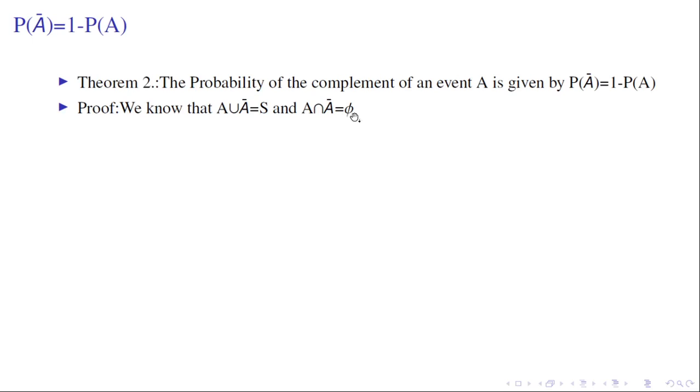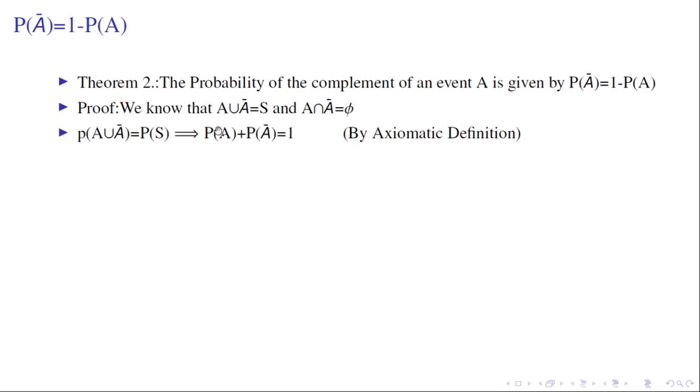Taking probability on both sides, probability of A union A bar is equal to probability of S. That implies probability of A plus probability of A bar is equal to 1, since A and A bar are mutually exclusive events. From this, probability of A bar is equal to 1 minus probability of A.